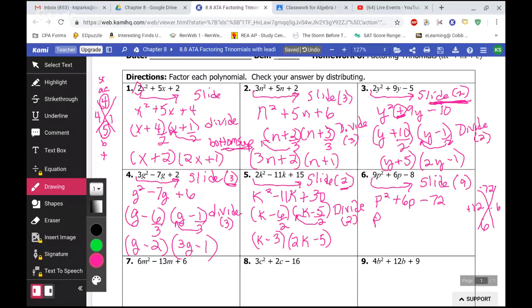So p plus 12, p minus 6. So now the next step is to divide. And what do we divide by? 9, because that's when we multiplied during the slide step. We multiplied by 9, so in the divide step, we're going to divide by 9. Okay? So now we've got 12 over 9, and we've got 6 over 9.